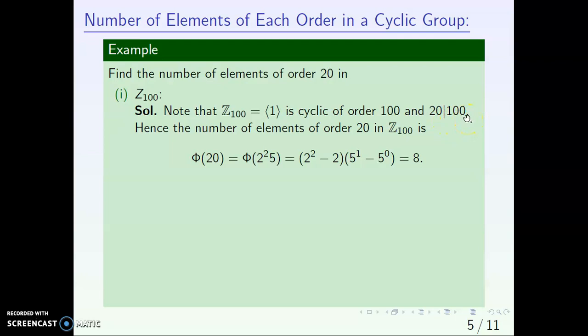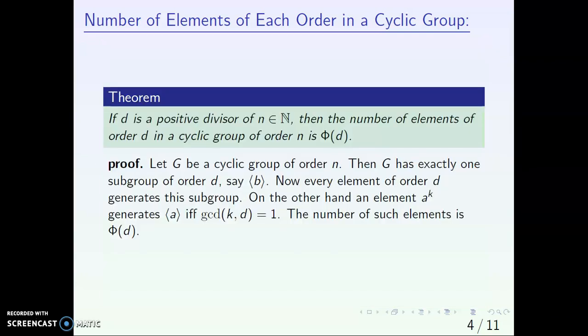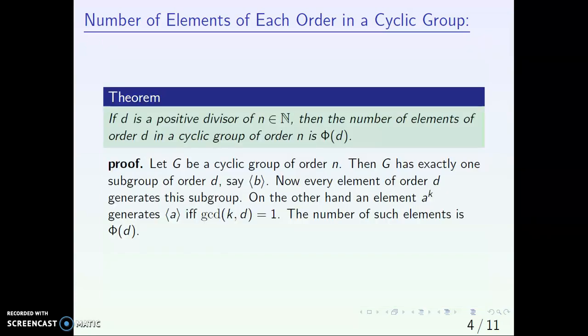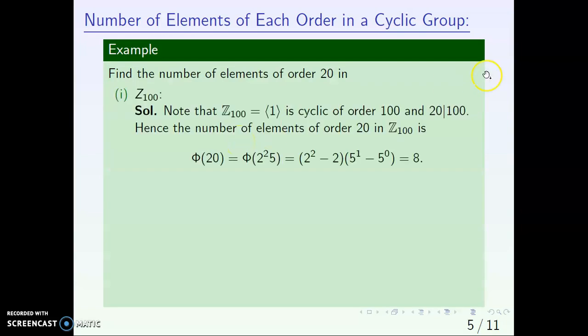All of these are axioms of this theorem. Note that D divides n, and we have a cyclic group of order n, and 20 divides 100, the order of the cyclic group.